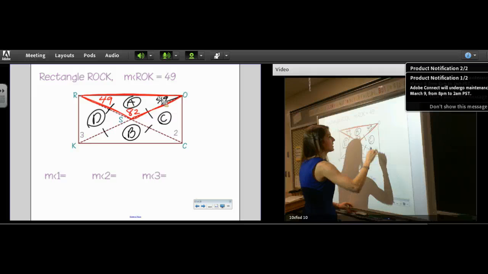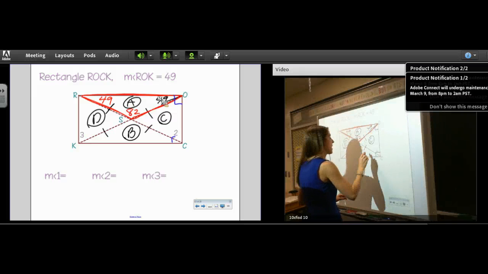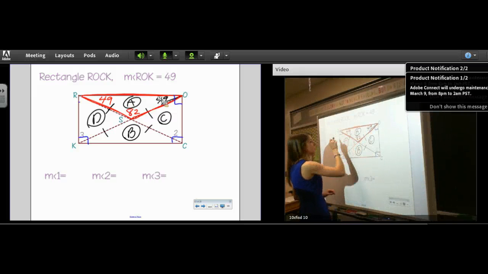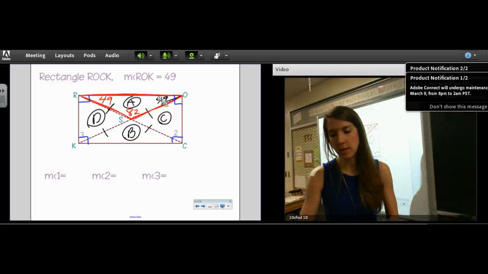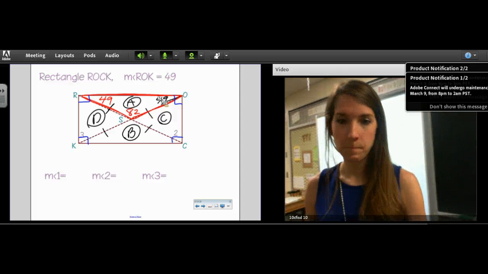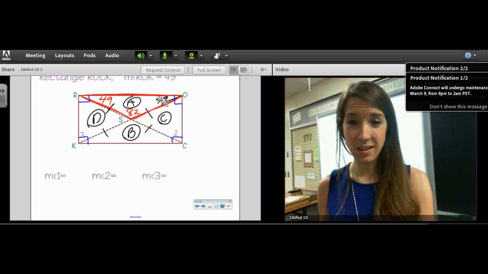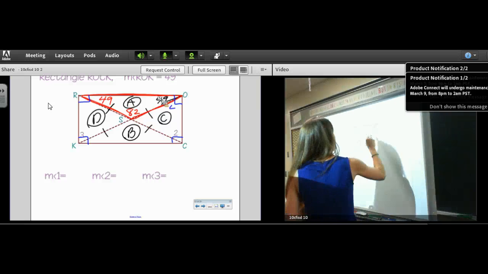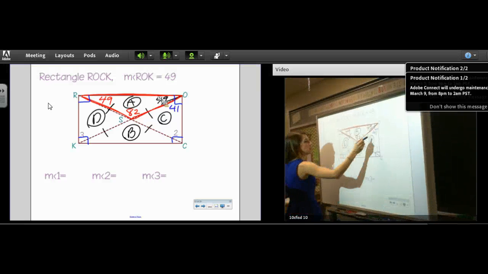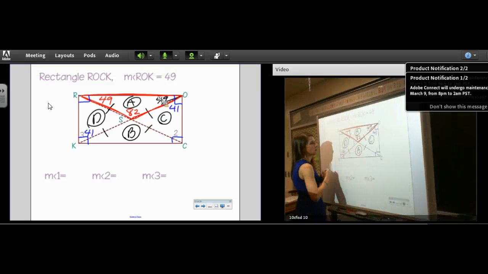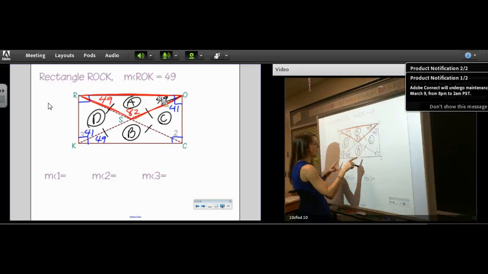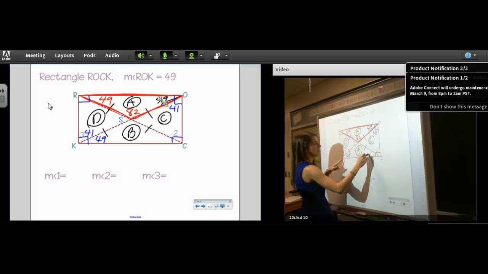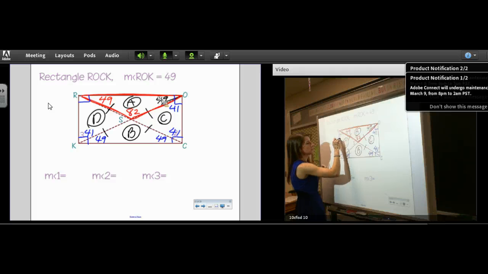Then we know a rectangle has 4 right angles. So you just find the complement of 49. Because you've got 90 degrees and you use up 49. So you've got 41. Then you can do alternate interior angles, 41, 41, 49, 49. And then you've got isosceles triangles, so the base angles are congruent, 49, 49, 41, 41.